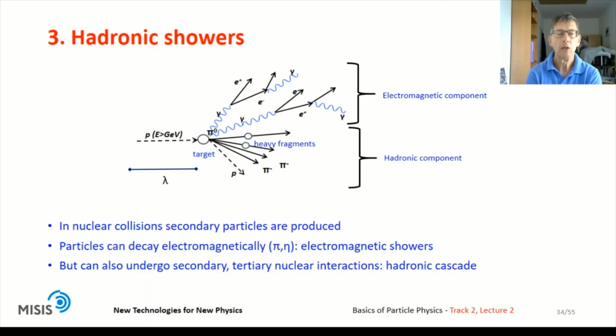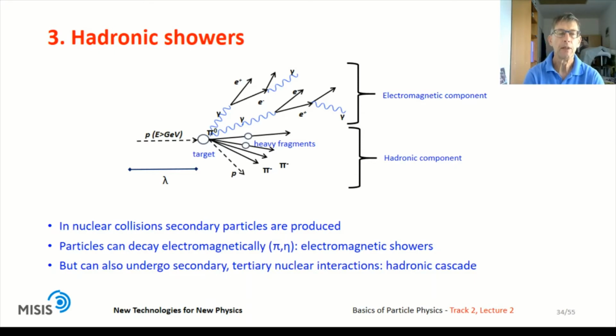So in nuclear collisions, we have secondary particles, and these particles can decay electromagnetically. The lightest meson is a pion, and these are abundantly produced. They immediately decay into two photons and produce electromagnetic showers.